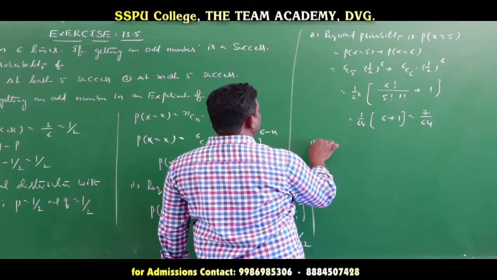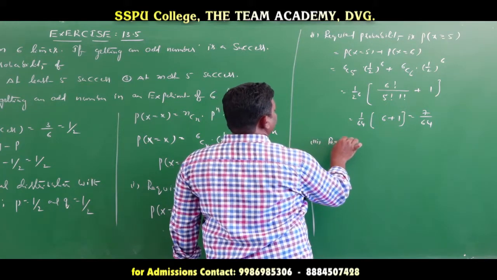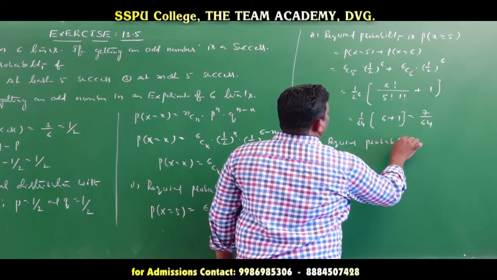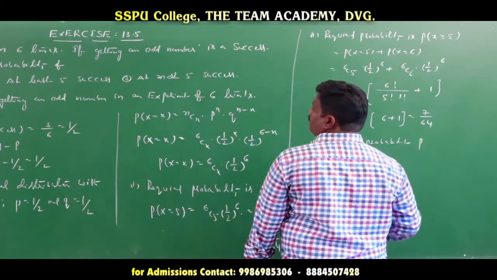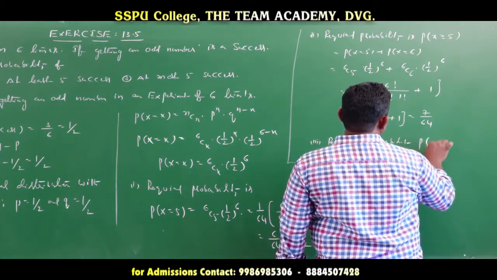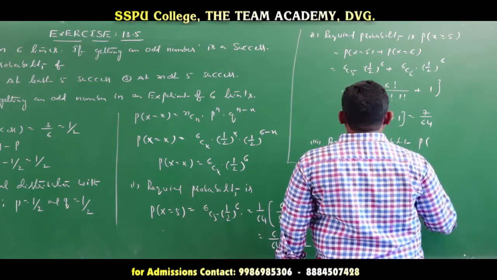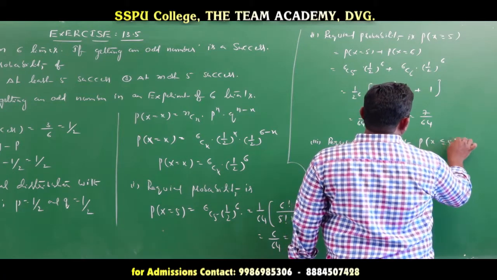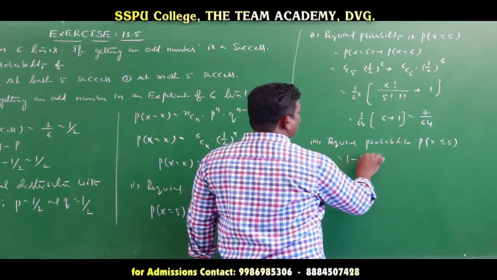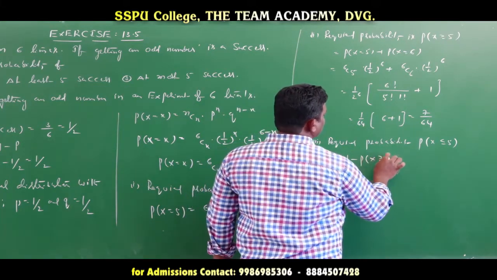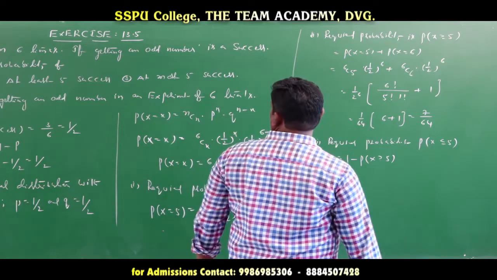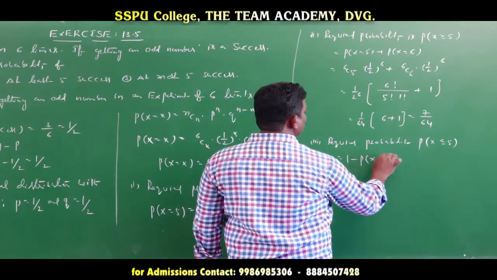Next, the third case. The required probability is for at most 5 successes, which means x is less than or equal to 5. Instead of this, remember probability of x greater than 5 means x is equal to 6.